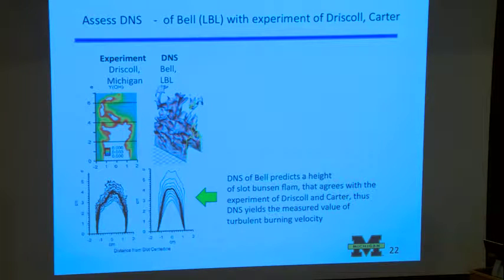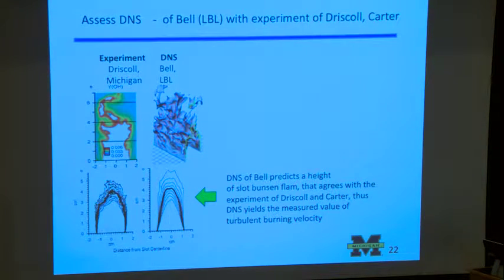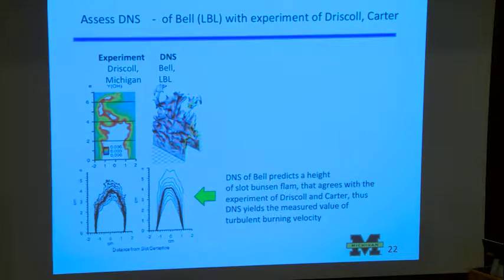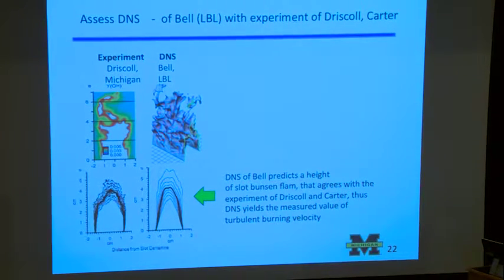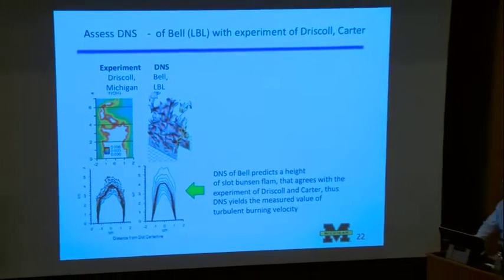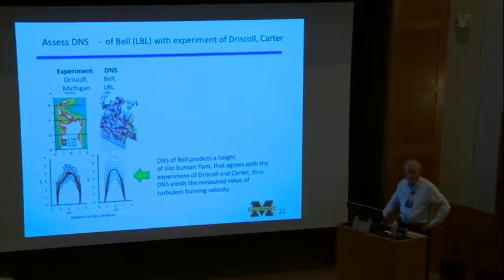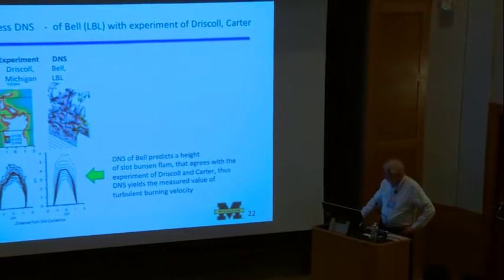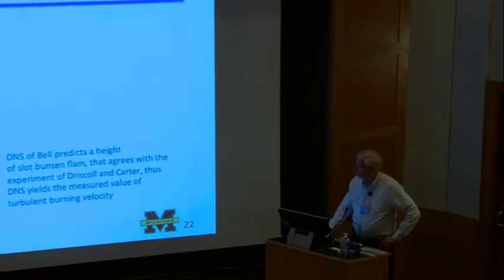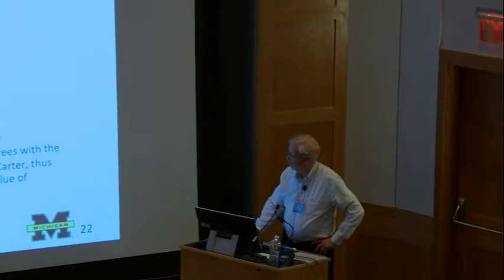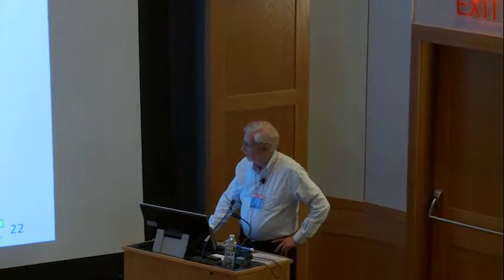When we measured that more carefully, we found that the original numbers we were giving on the pilot flame were not right, and that's why we weren't getting any kind of agreement with the DNS. And so we got that right. And they did some iterations too. They made sure they were resolving the scales. And anyway, they got about the right height of the Bunsen flame when all was said and done, and we were happy. But it took them a lot of time, and it took us a lot of time to get this comparison done.